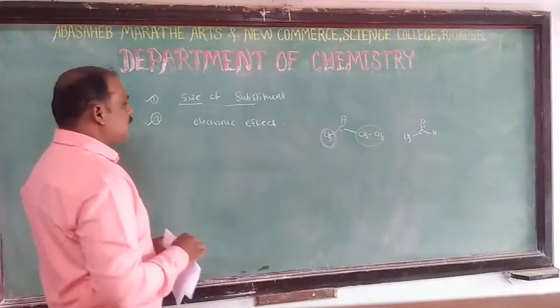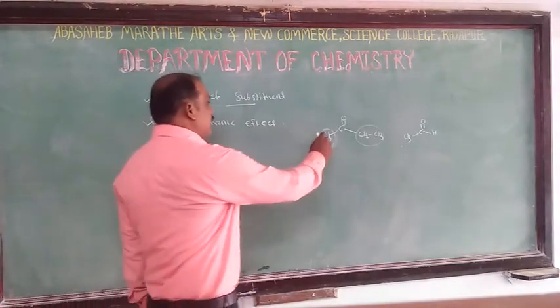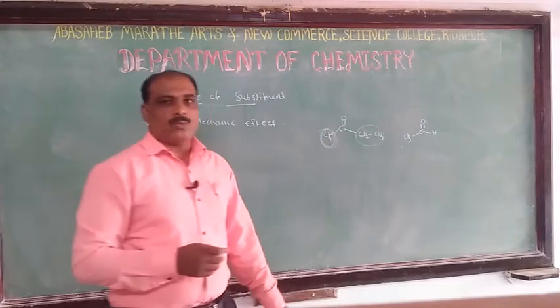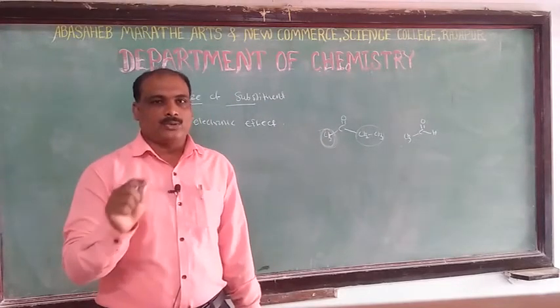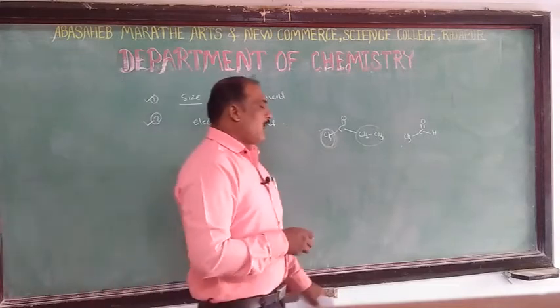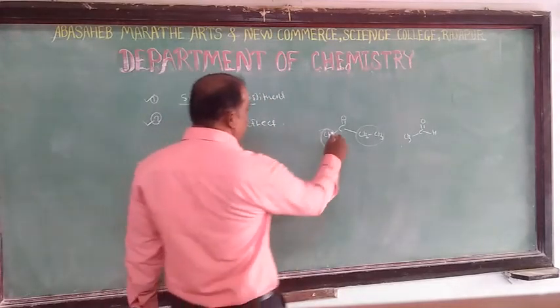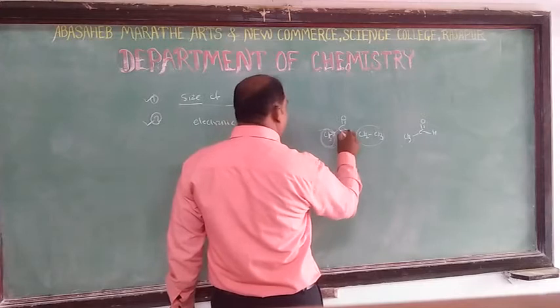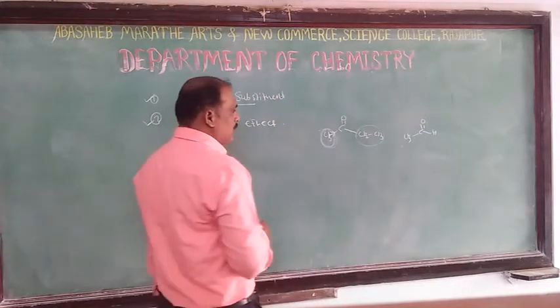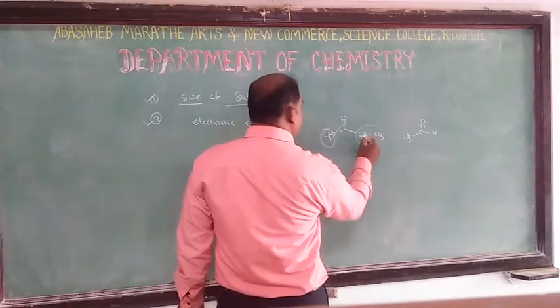Second point: an alkyl group like a methyl group acts as an electron donating group, and therefore this methyl group can donate electrons to the carbonyl carbon.